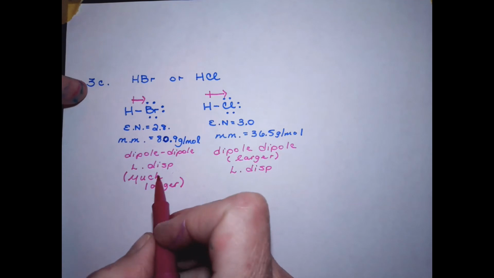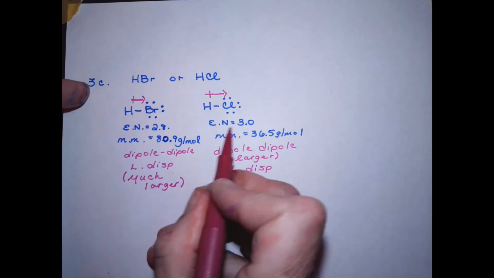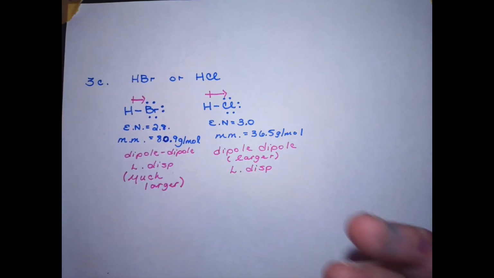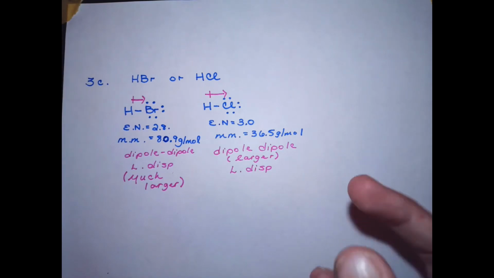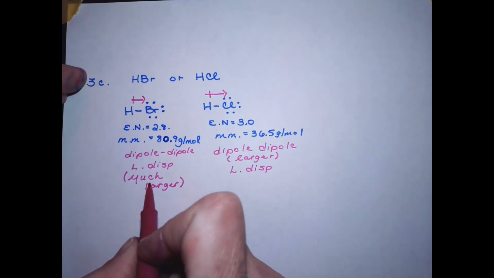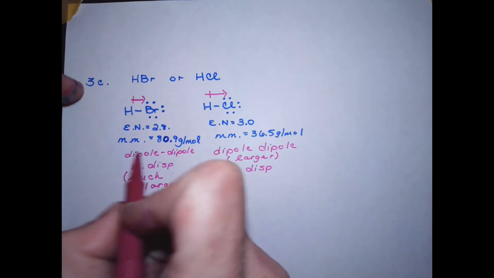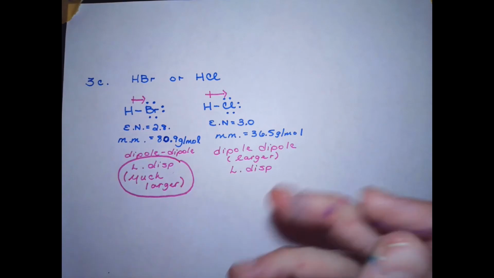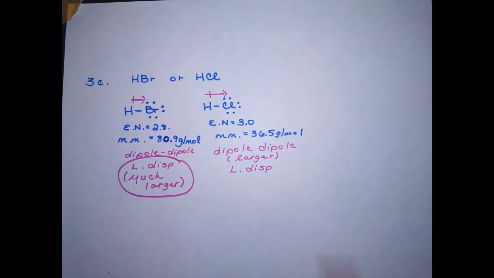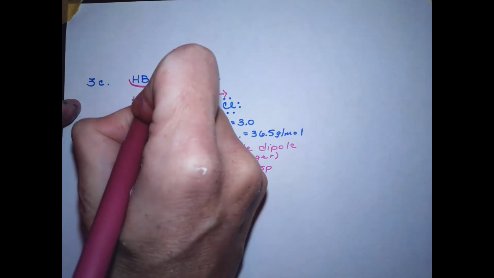And here it's not. These are just really close, 2.8 and 3.0. So their dipole-dipole intermolecular forces are pretty comparable. However, they're very different in size.